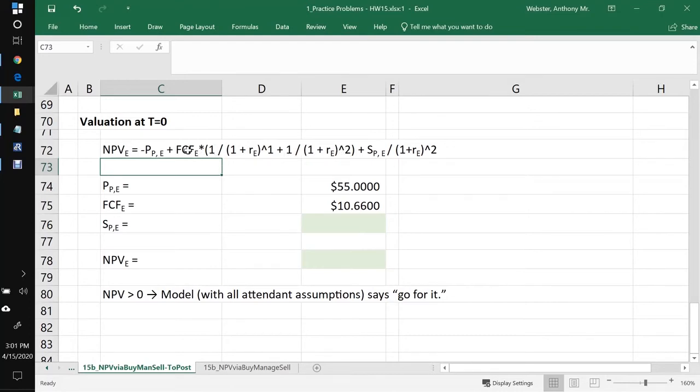By the distributive property of multiplication over addition, that works out to our 2 years of free cash flows. And then the final cash flow is we're going to sell this firm, and we're going to get our sale price to owners, and we have to discount that back to t equals 0. So that's everything that goes into our NPV.